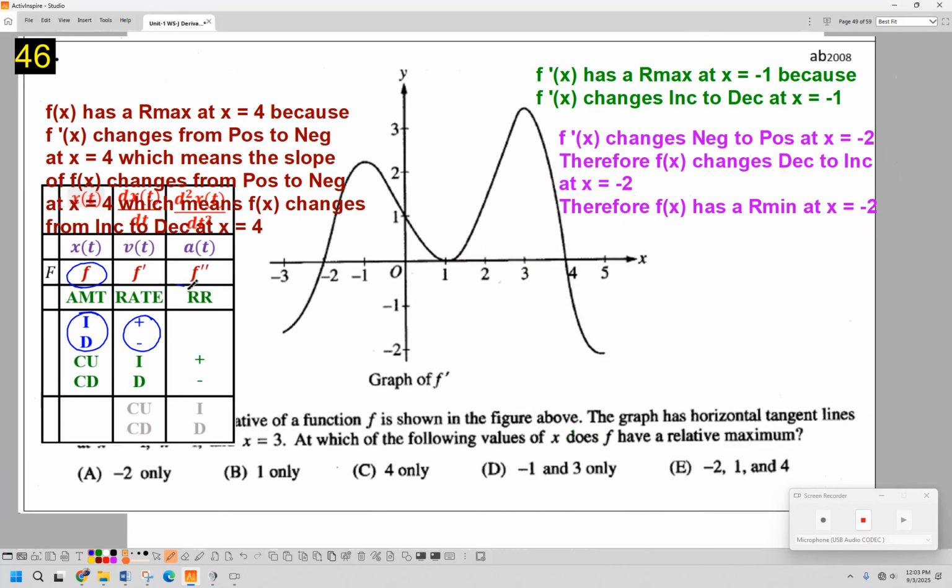If f double prime crosses the horizontal axis, f prime will have a relative min or max. But that would mean that f itself was having an inflection point.